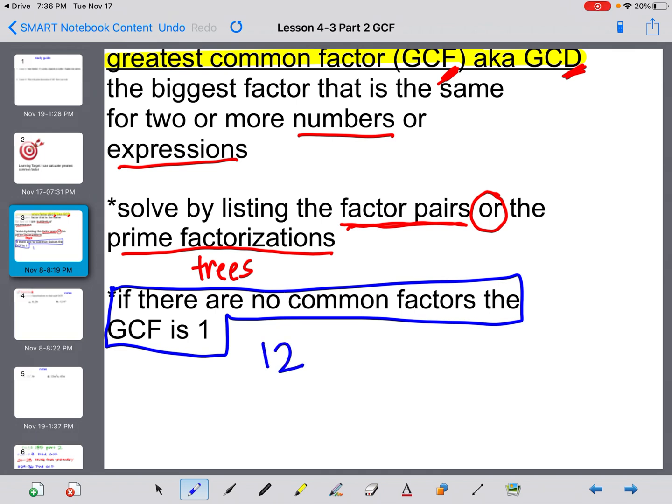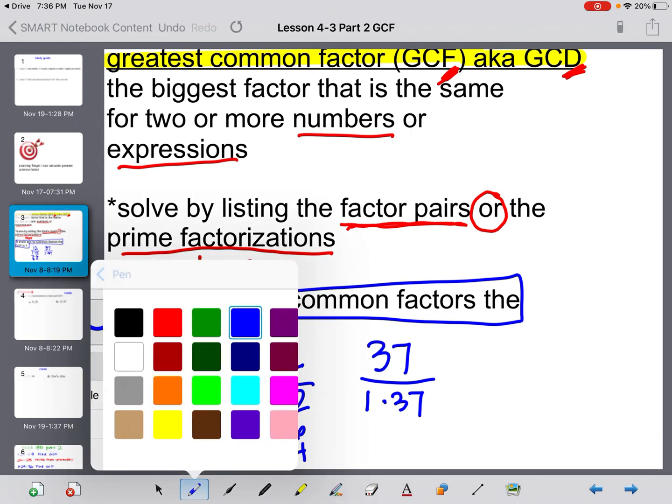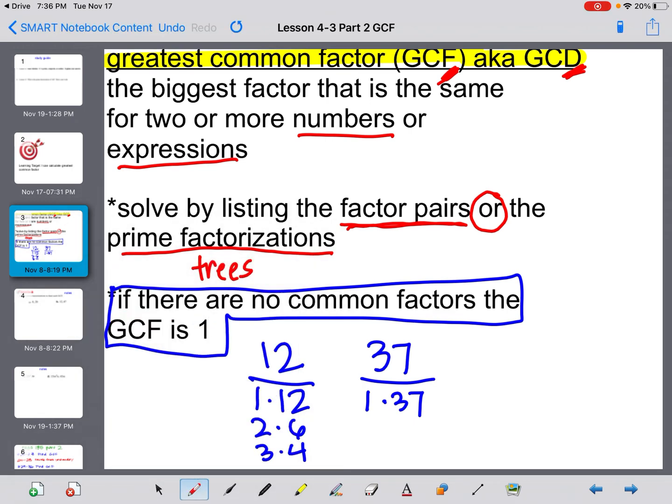For example, if you think 12 and 37, remember 37 was a prime one from the other day? It looks like they don't have anything in common, which means their greatest common factor is 1.